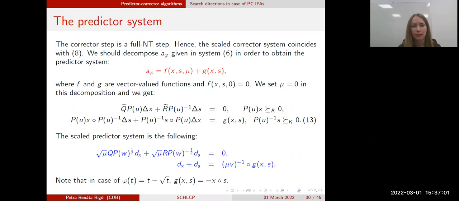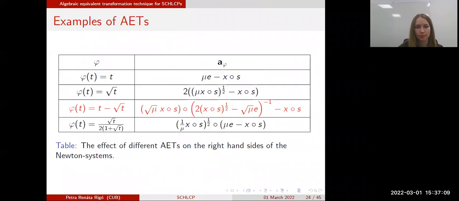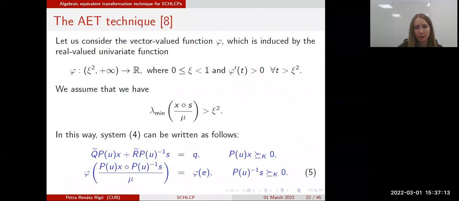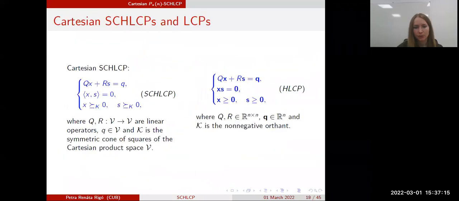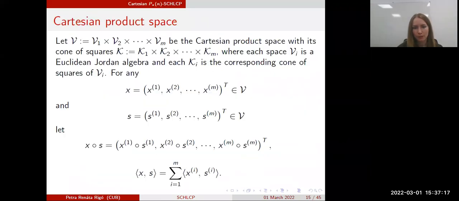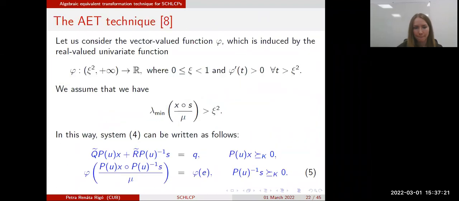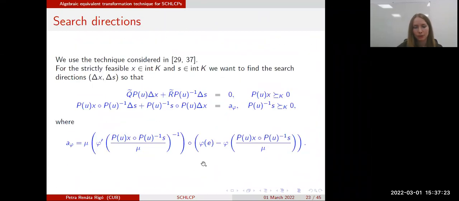I mentioned that the predictor step is a greedy step, so it would correspond to the case when we go back to our Newton or scaled system, to the case when mu equals 0. If we look here, this would correspond to the case when we set mu to 0.